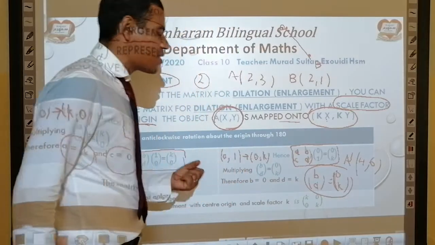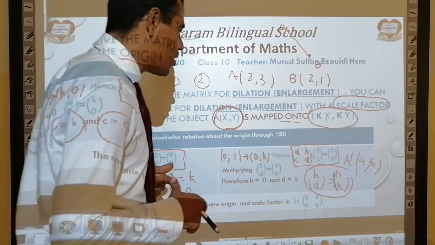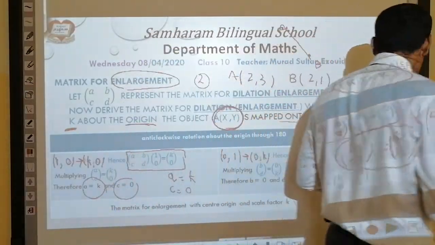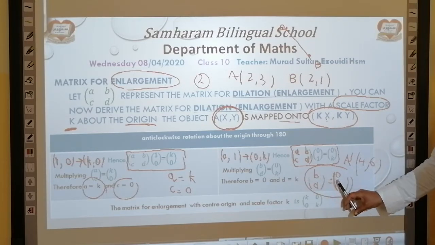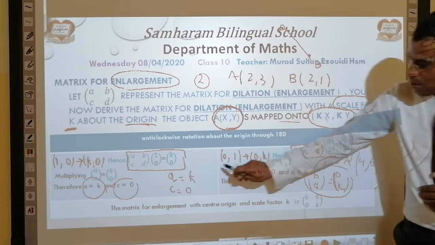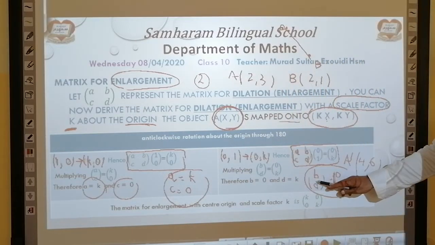So both matrices are equal and have the same order, 2 by 1. So shall I equate their corresponding entries? Yes. b equals 0 and d equals k. So now I found a, c, and I found also b, d.